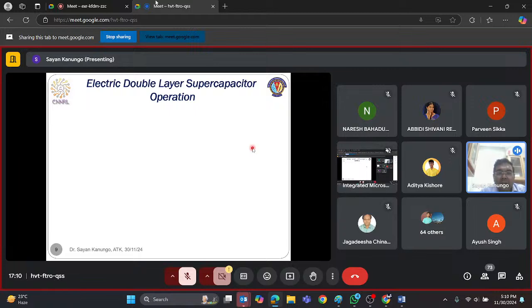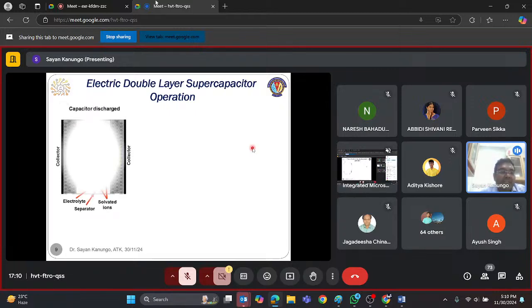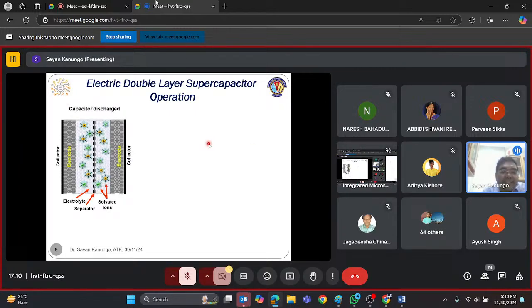Let us look at how this supercapacitor can be schematically represented in its discharge state. In a discharge state of the supercapacitor, we can see the two electrodes are separated by an electrolyte where the dissolved cations and anions are randomly distributed over the extent of this electrolyte.